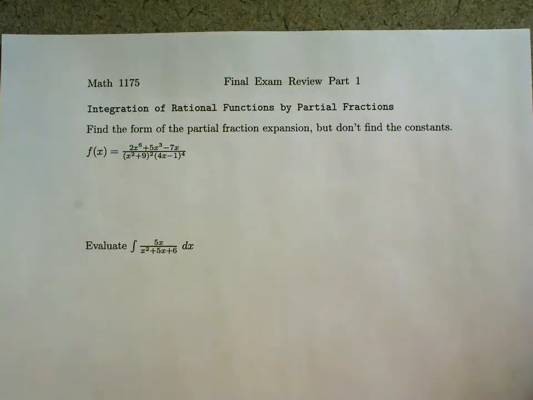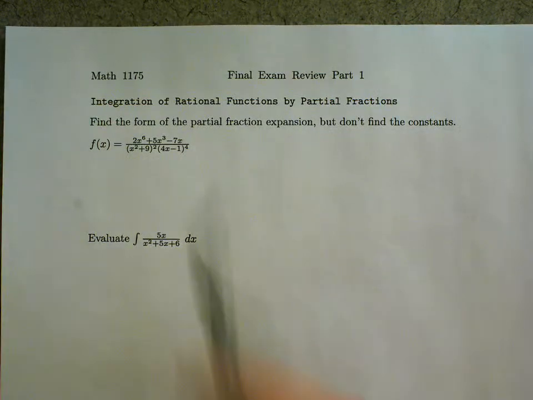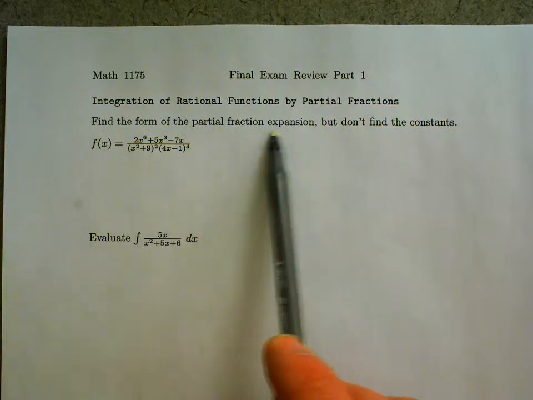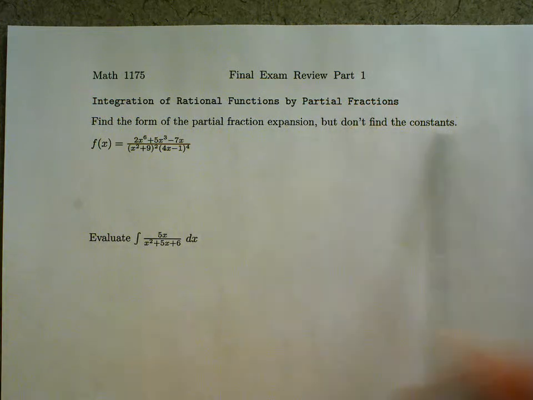Integration of rational functions by partial fractions. So in this first part, it says find the form of the partial fraction expansion, but don't find the constants.